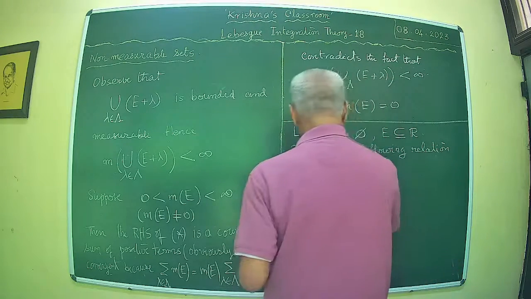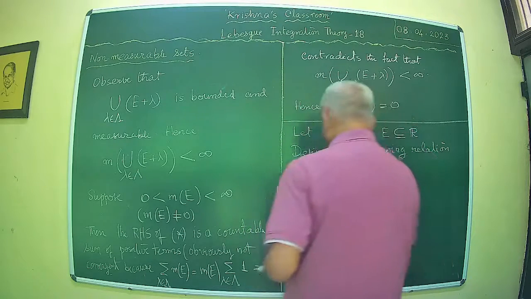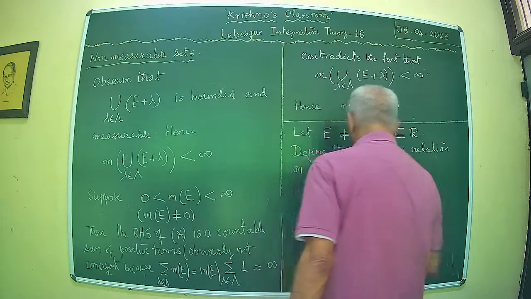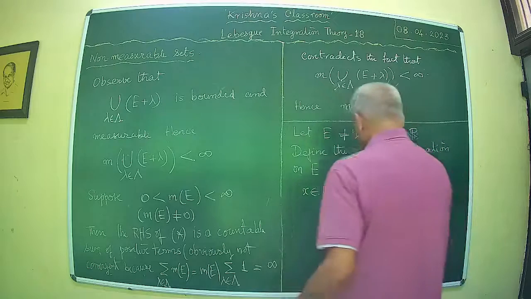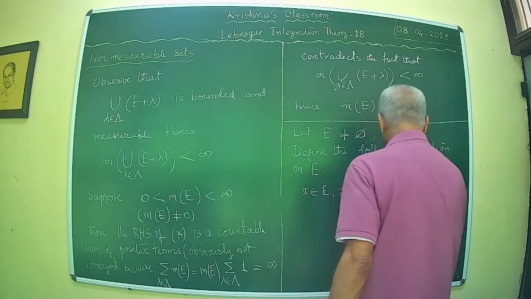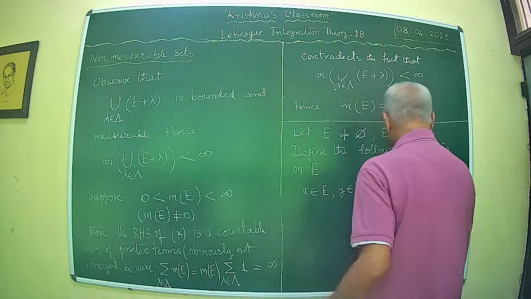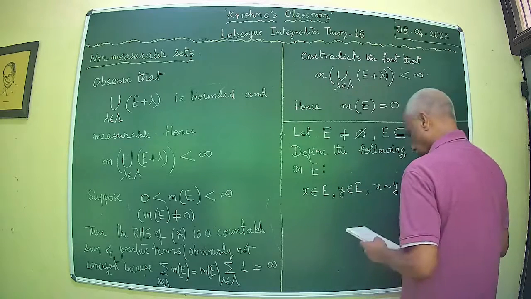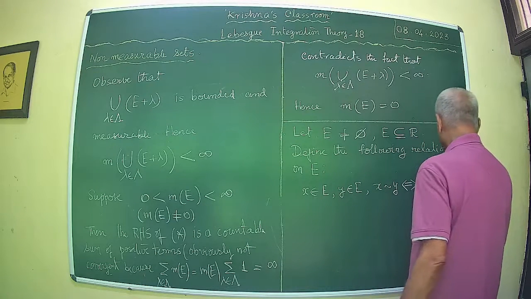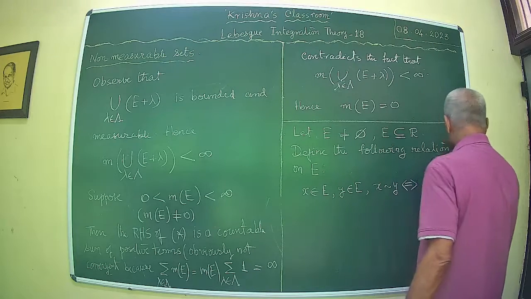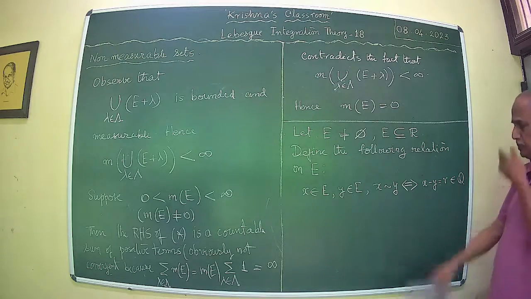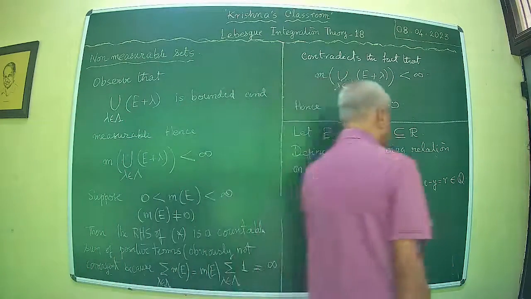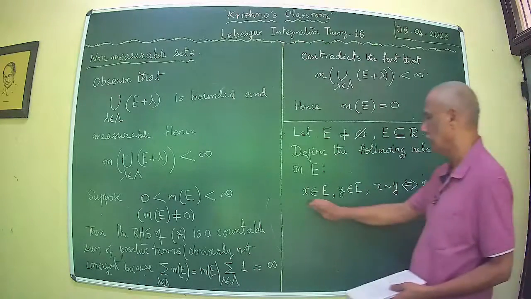On E, that is x belonging to E, y belonging to E, x is related to y if and only if x minus y is a rational. We say that two elements x and y of E are related if their difference is a rational. Okay, so this is the relation there.